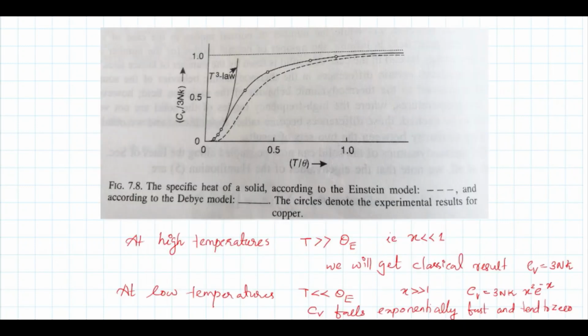So Cv falls exponentially fast and tends to 0 as T tends to 0. So using Einstein's approach, we can say that as T tends to infinity, specific heat reaches a constant value 3nk. For low temperatures, specific heat falls exponentially and tends to 0.